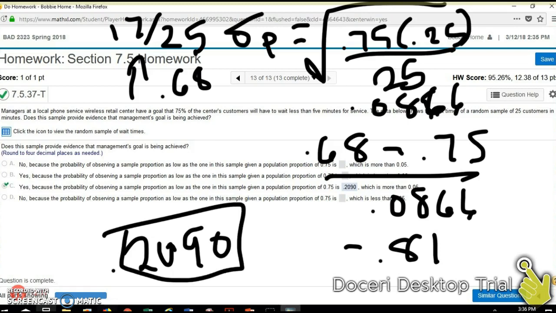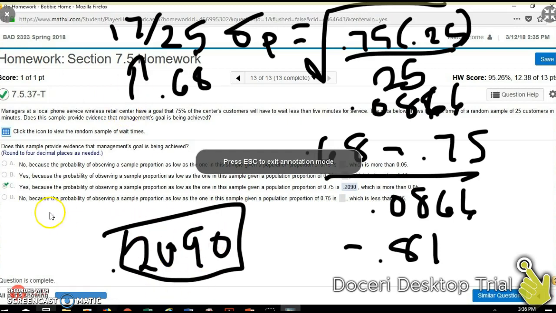Does this sample provide evidence that management's goal is being achieved? Well, yes, because the probability of observing a sample proportion as low as this one, given a population proportion of 0.75, is 0.209, which is more than 0.05.